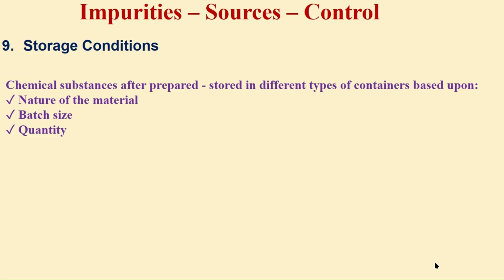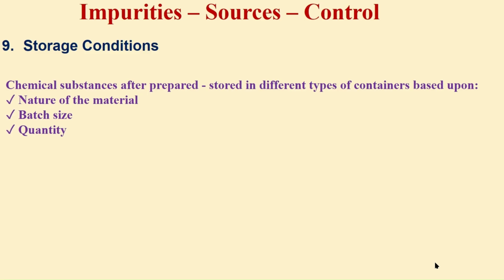Here, the products which are prepared are stored in different types of containers based on the type of product which we are preparing. They include the nature of the material.